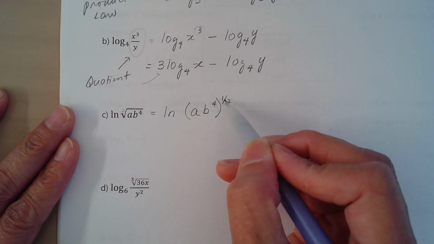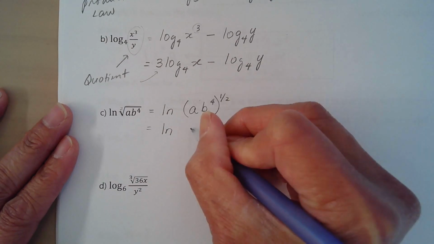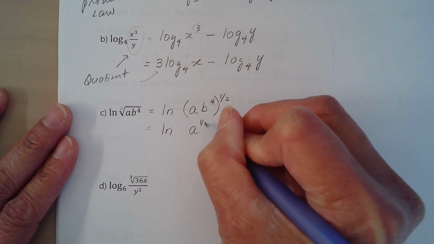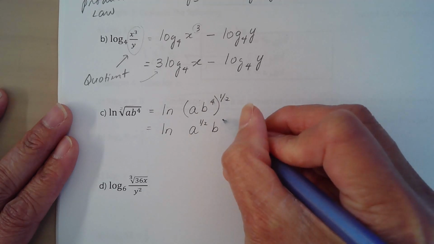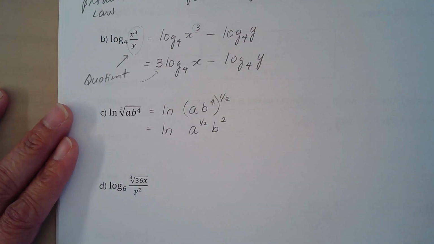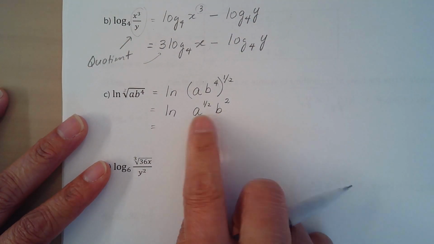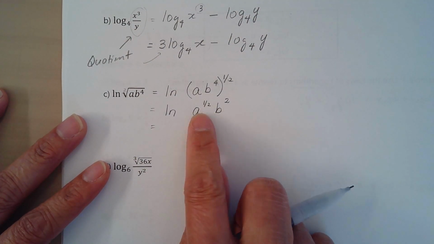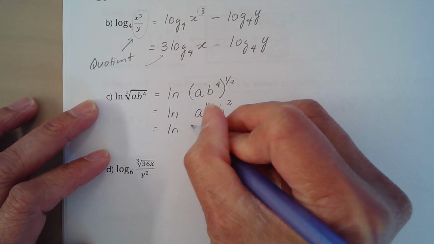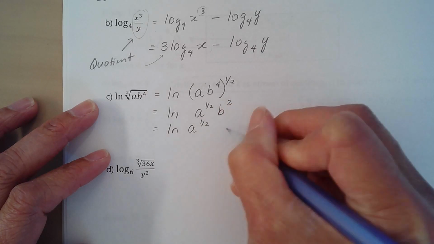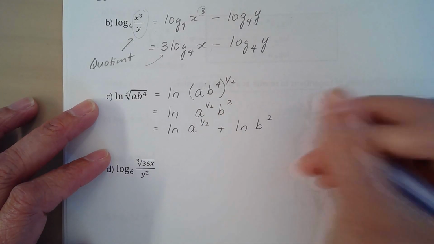Now, if we apply that, this becomes natural log of a to the 1/2, b to the 4 times 1/2 is b squared. These are being multiplied, so we're going to add: natural log of a to the 1/2 plus natural log of b squared.